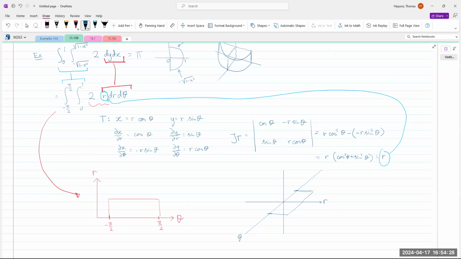But the density is now 2r, which graphs looks like this. Can you imagine that? So this is the base, and this is the height. This is the right wall.